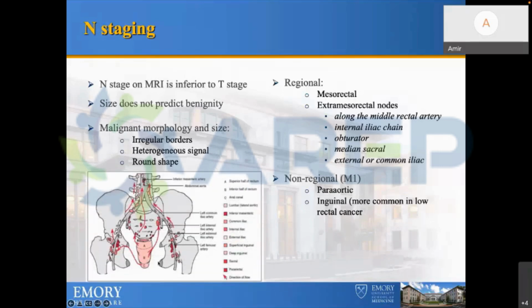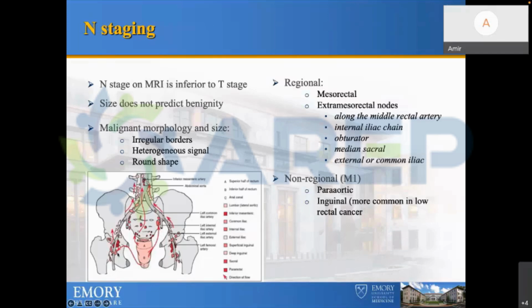And that's actually the drainage pattern. For the high rectal tumor, which is A, you can see here, the lymph nodes go all the way to the superior rectal chain or middle rectal chain, and then all the way to the peri-aortic area. And then this is B, which is a middle rectal tumor, and C is the inferior or lower rectal tumor.